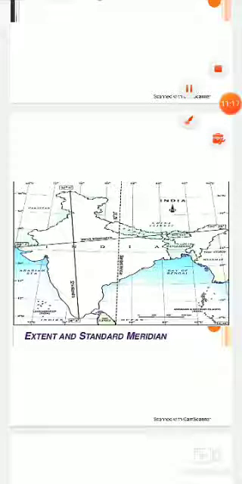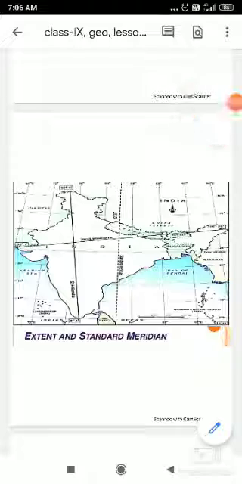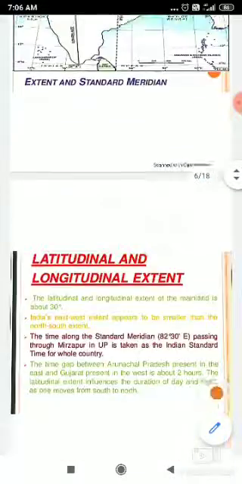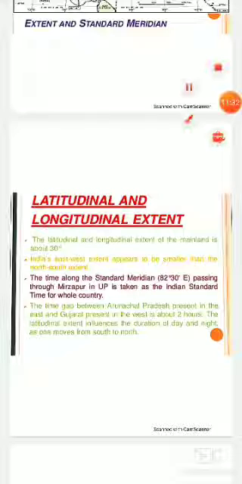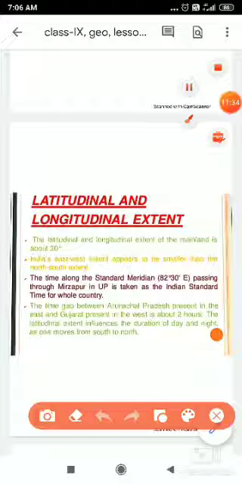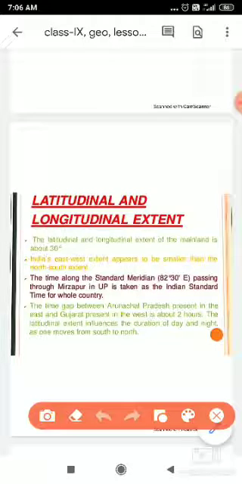Now I will have to move to the next point: latitudinal and longitudinal extent. Just now I have mentioned this point. You may be asked this question. The latitudinal and longitudinal extent of the mainland is about 30 degree.